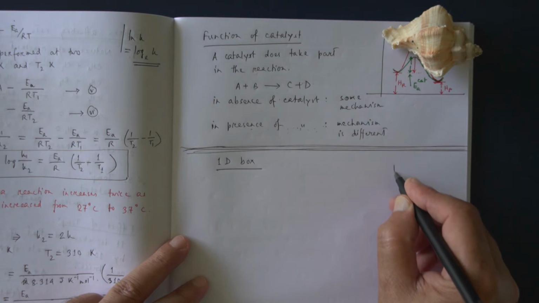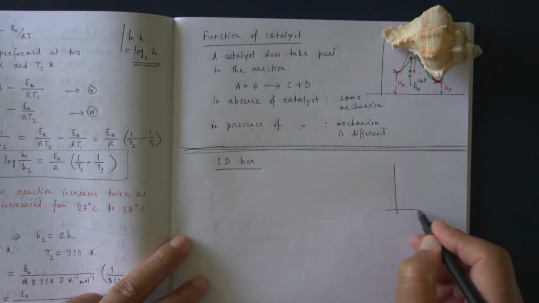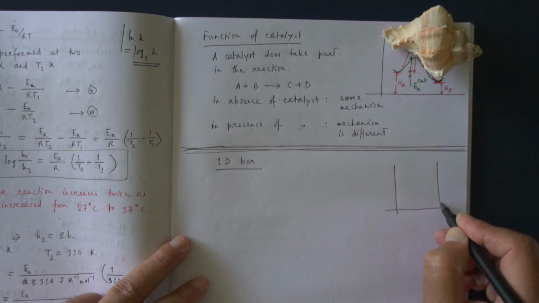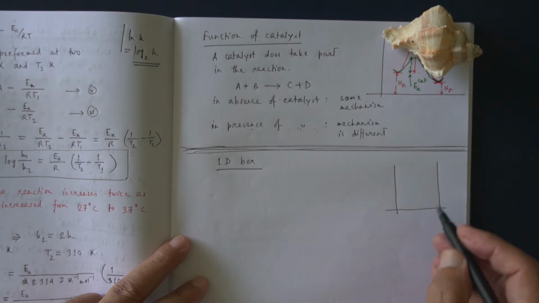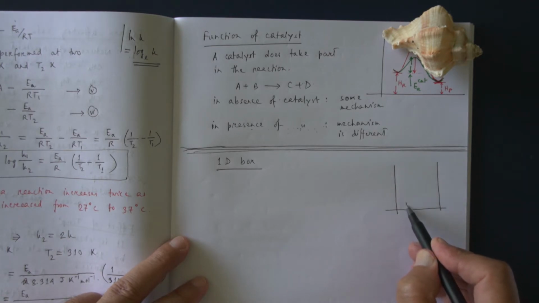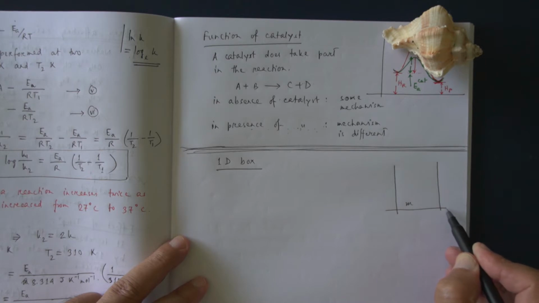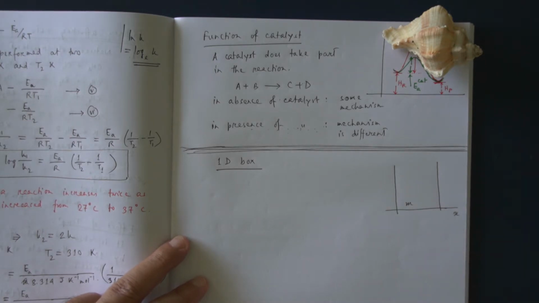Earlier we considered the system like this. One particle of mass m is moving along the x dimension.